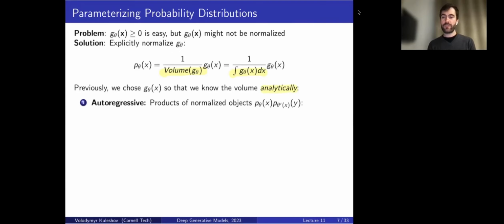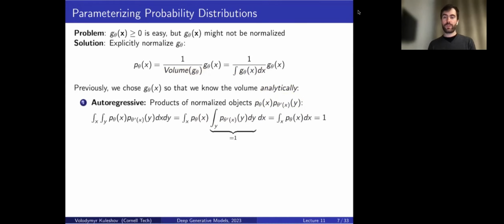Right? So in an autoregressive model, we have a joint distribution that's a product of terms, such that for each term, we know what the integral is. And then once we know that, we can ensure that the full distribution sums to 1. If we have a joint autoregressive model over two variables x and y, its integral is given to us by this term. Then when we pull the inner integral inside, we know that this has to be normalized to 1. And then we get the marginal. The marginal will also integrate to 1.